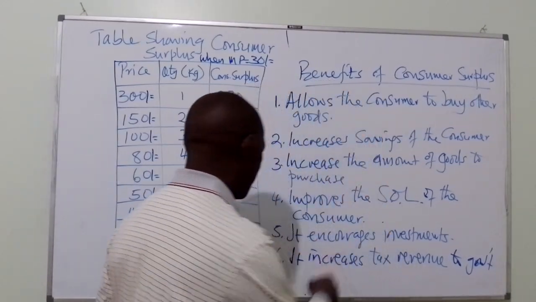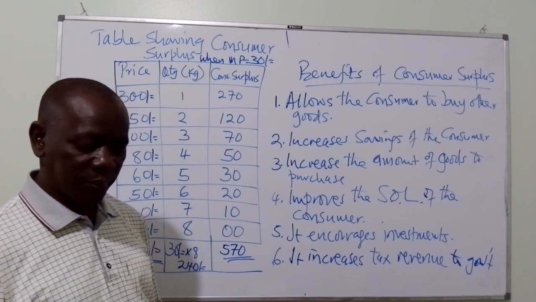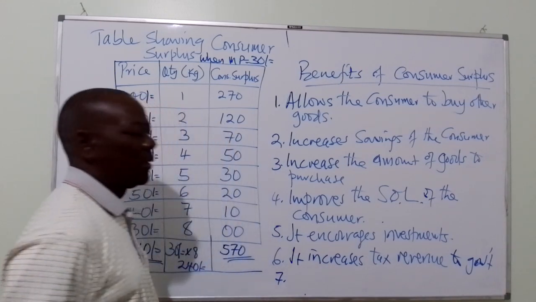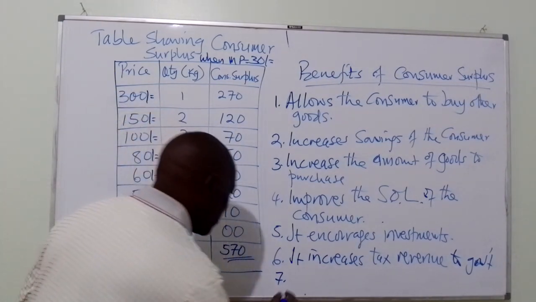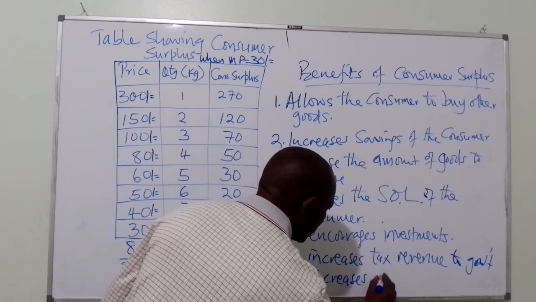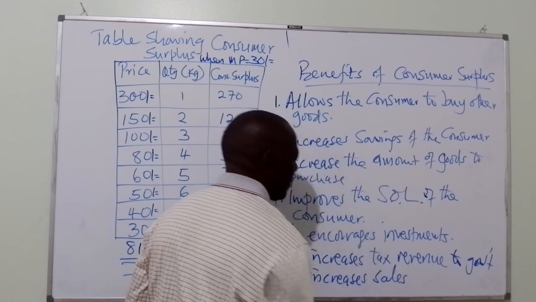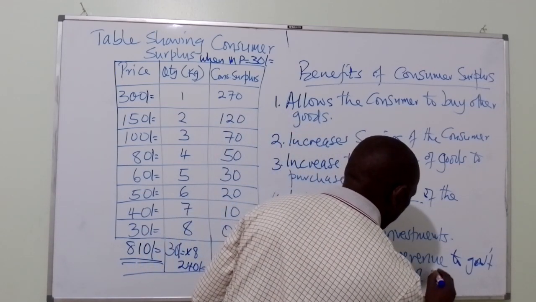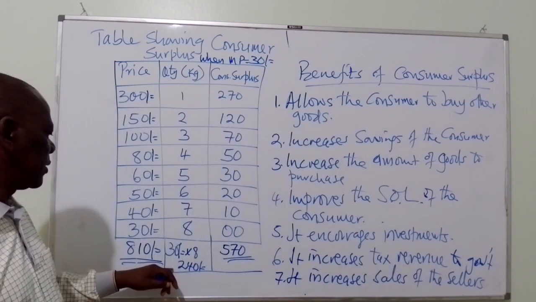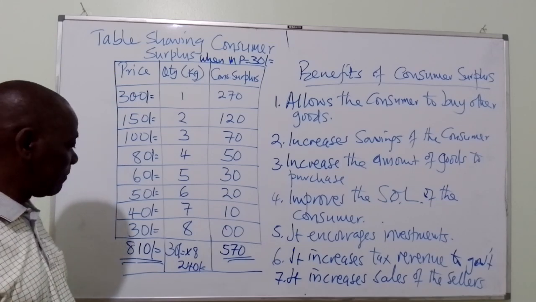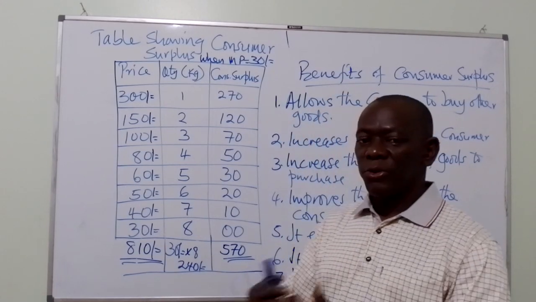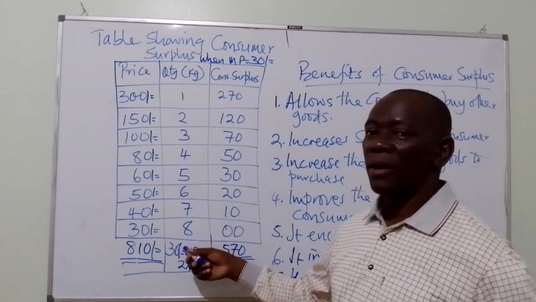So these are some of the benefits. Then possibly another advantage is that it increases the sales of the sellers. By putting this price at 30, it means that you are buying 80 kilograms at 30. When the consumer surplus is there, that means you are going to double.